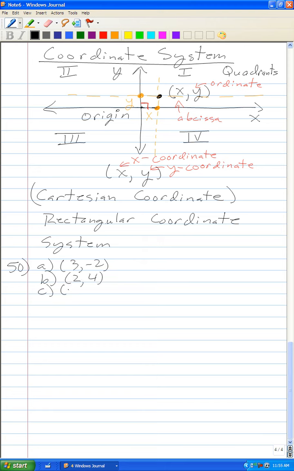C, negative 2, 3. D, negative 3, negative 2. E, 5, 0. F, 0, 5. Okay, so let's draw these all in the same coordinate system.